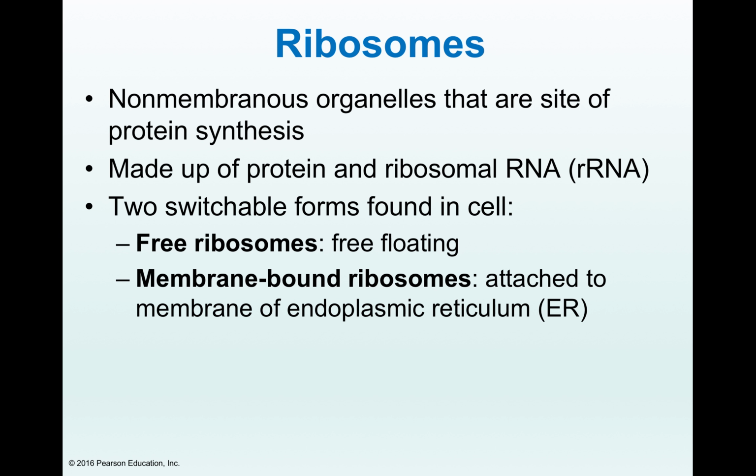These ribosomes can be free-floating within the cytoplasm, and they're referred to as free ribosomes. If those ribosomes are attached to a structure known as the endoplasmic reticulum, we refer to those as membrane-bound ribosomes. But again, the function of the ribosome is protein synthesis, and in a lot of cases, they refer to them as protein factories.